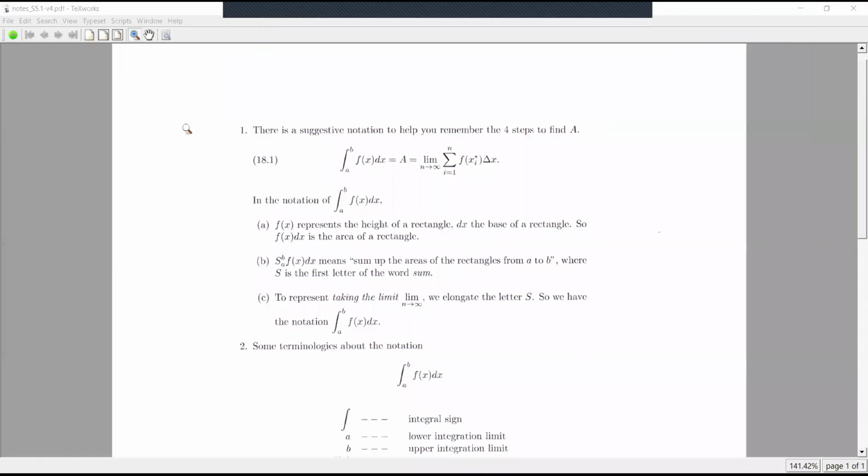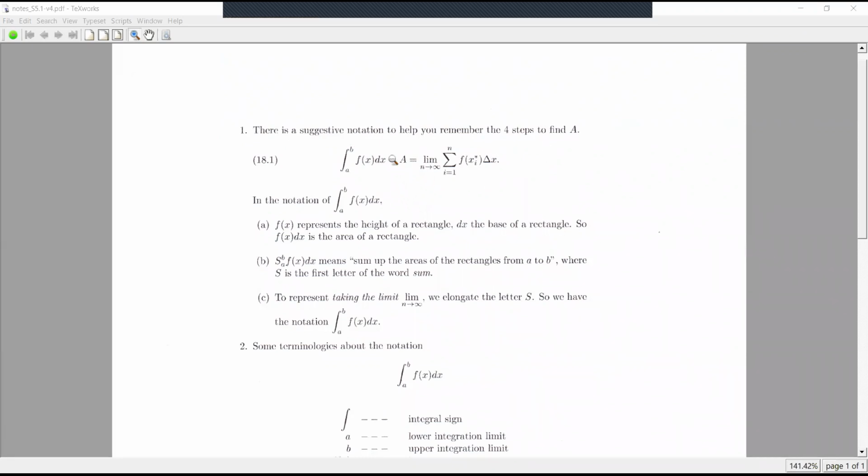Some people may say that it is difficult to remember those 4 steps, too tedious. Here there is a suggestive notation to help you remember the 4 steps.